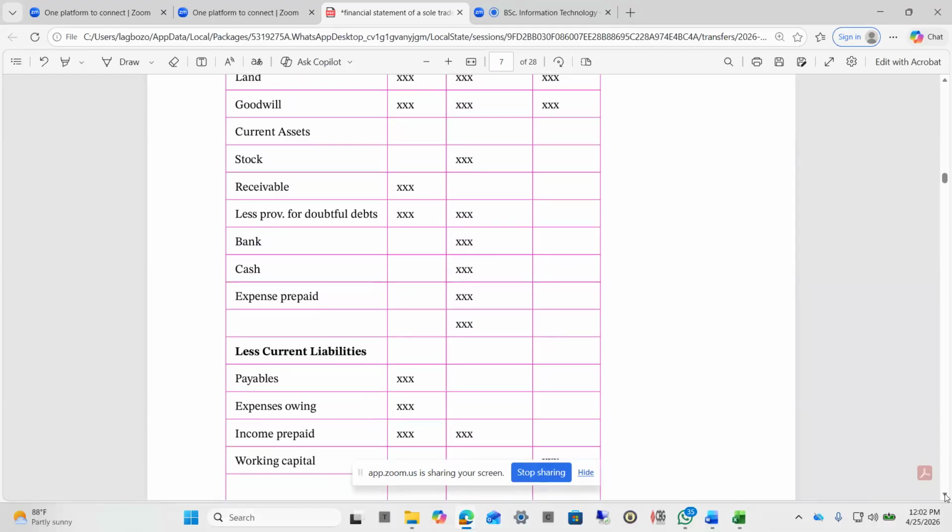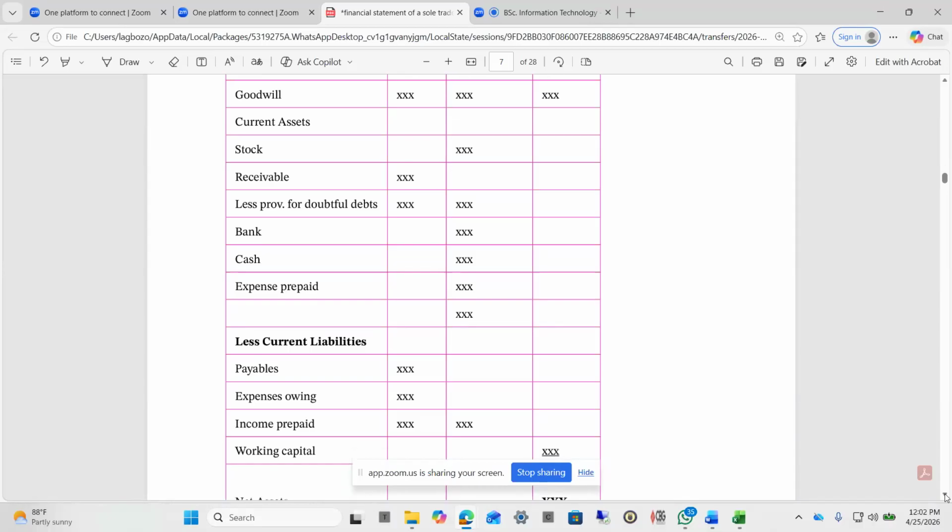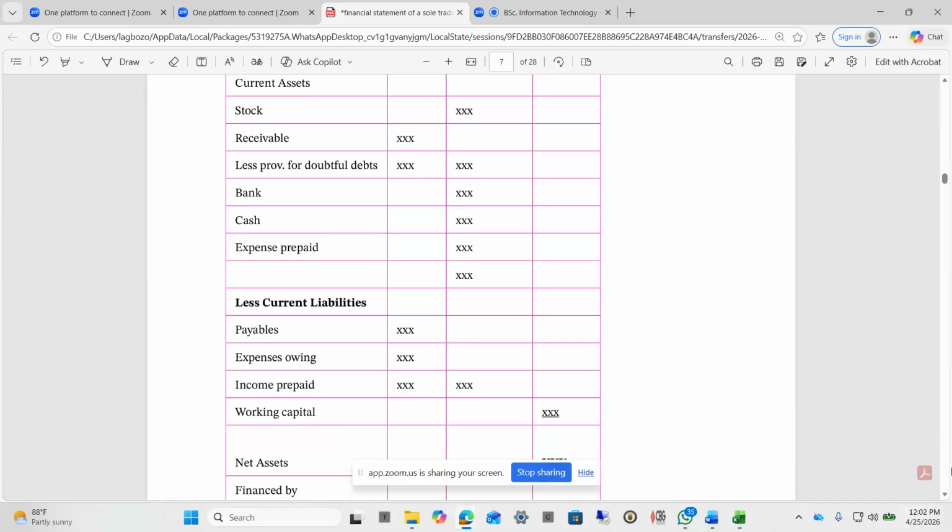We promise to pay in a year. It's part of our accounts payable. Then expenses owing. If you make some expense and you haven't paid fully, for instance rent or electricity, you are owing it, you have to pay within the year. It's all called your current liability.